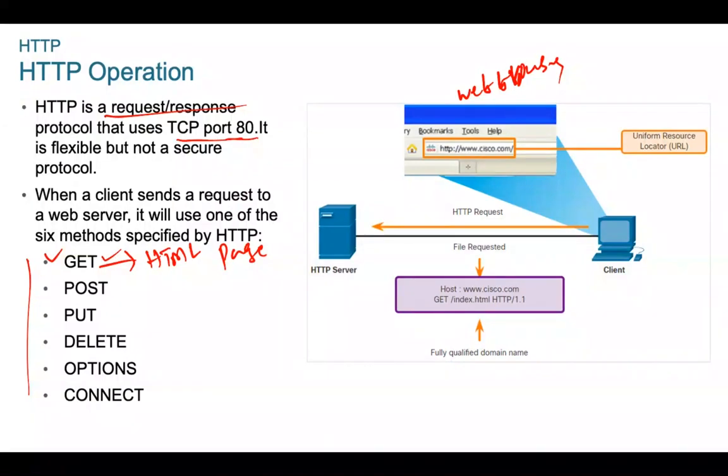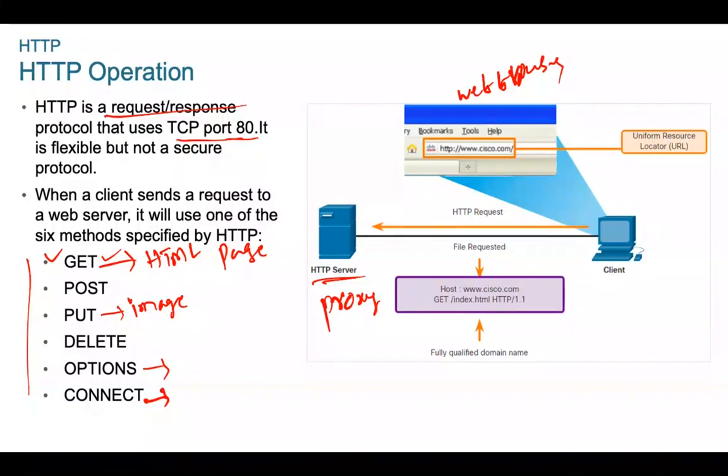With the PUT method, it uploads a resource or content to the web server, such as an image. And DELETE deletes the resource which is specified, and OPTIONS returns the HTTP methods that the server supports, and the CONNECT method requests an HTTP proxy server that forwards the HTTP TCP session to the desired destination.